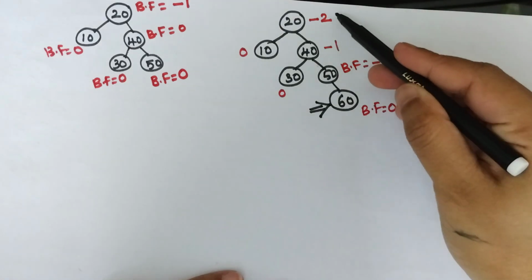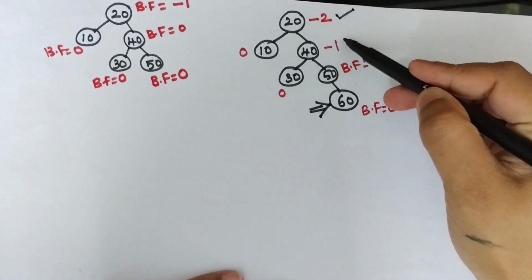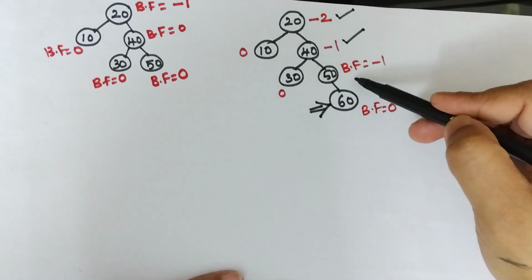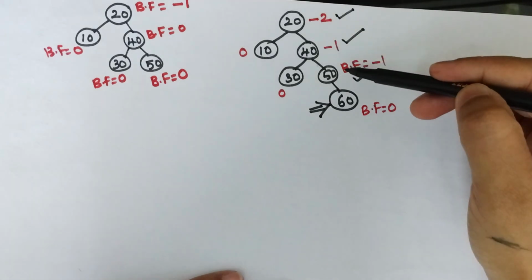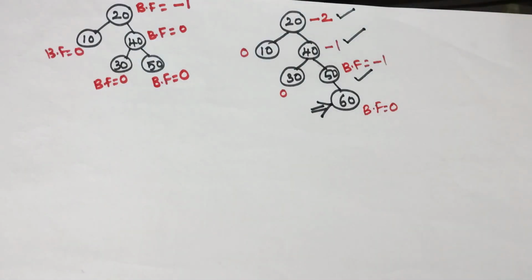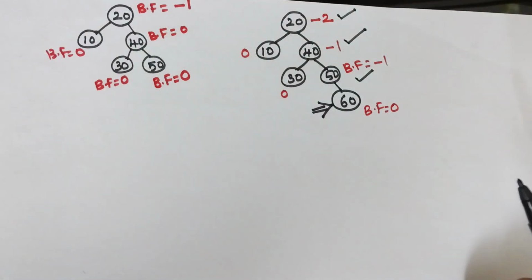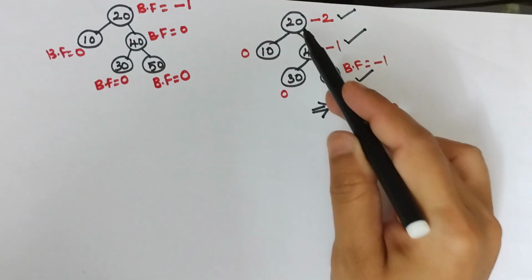I'm going to choose 20, below 20 the 40 at the right, and below 40 the 50 at the right. These 3 nodes are chosen to perform rotation and balancing. Wherever the balance factor exceeds the range, start from that node to perform rotation. What you have to choose depends on which node's insertion caused the unbalancing, and whether that node is on the left side or the right side. Since it is the right side, I have chosen these 3.